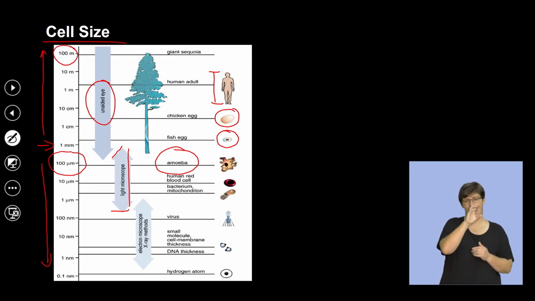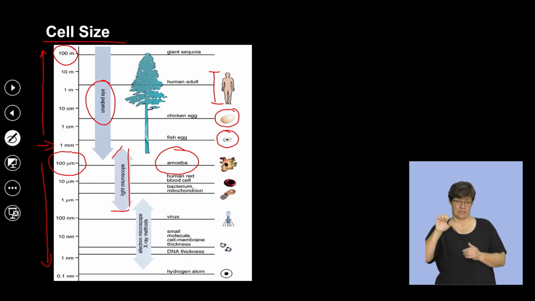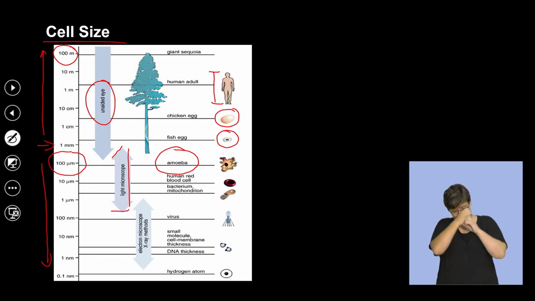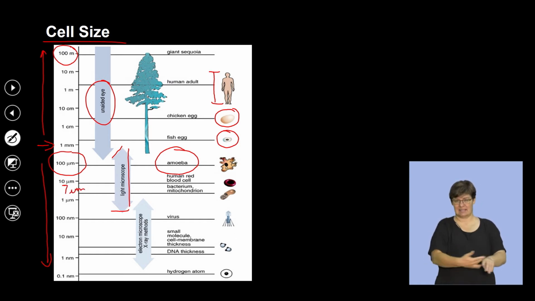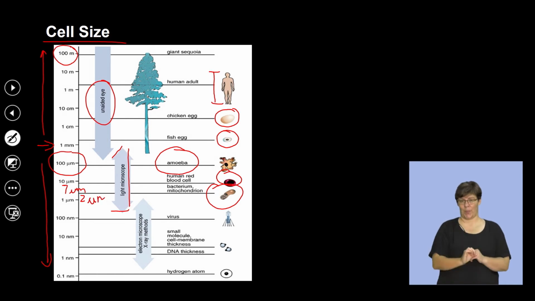It's submicroscopic, really small, and cannot be seen with the unaided eye. A human red blood cell is around 7 micrometers in diameter. Bacteria and mitochondria are even smaller, at around 2 micrometers in length or width.